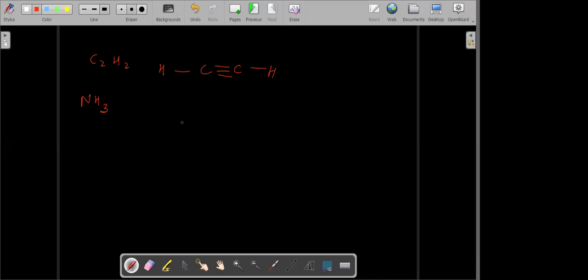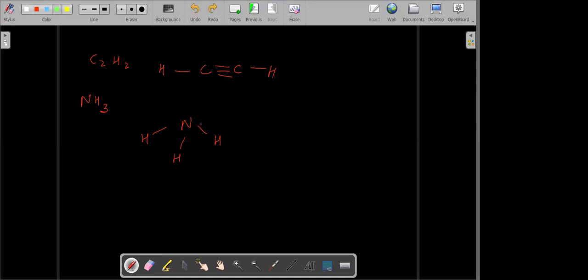Every nitrogen has 5 electrons, of which it is making 3 bonds with hydrogen. So there are 3 bonds with hydrogen: hydrogen, hydrogen, hydrogen. And for nitrogen, there are 2 electrons which are empty, meaning they are not bonding.